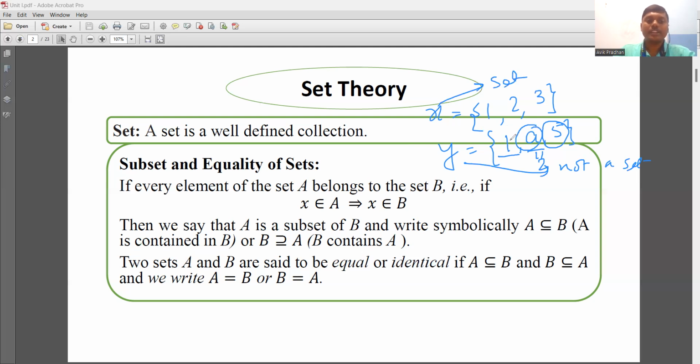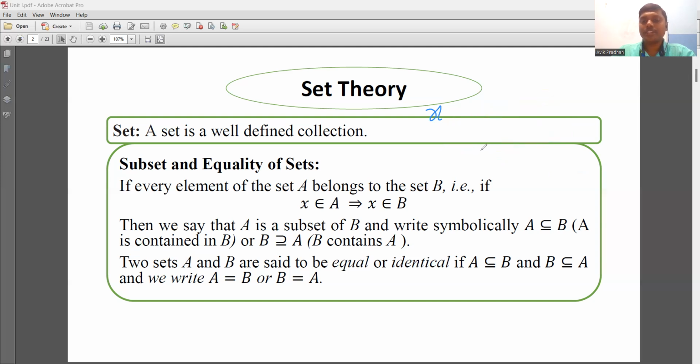So is it clear that a set is a collection of well-defined objects? Well-definedness means the objects have the same properties. Now, once we know about sets, we can define some operations on sets. But before going to the operations, we need to first look into the equality of sets.